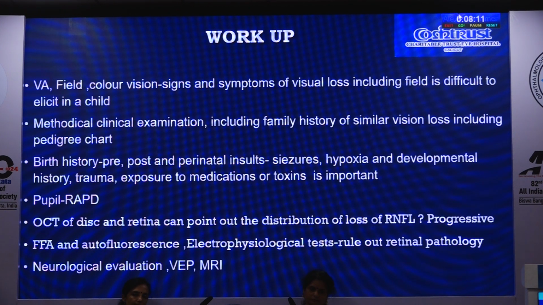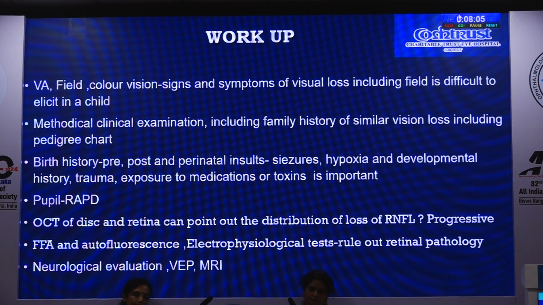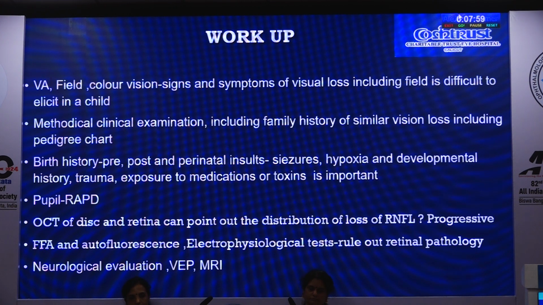Examination of the pupil is very important. OCT of the disc and retina can point out the distribution of loss of RNFL and whether it is progressive over time. FFA, autofluorescence and electrophysiological tests rule out any retinal pathology, and neurological evaluation with VEP and of course MRI.